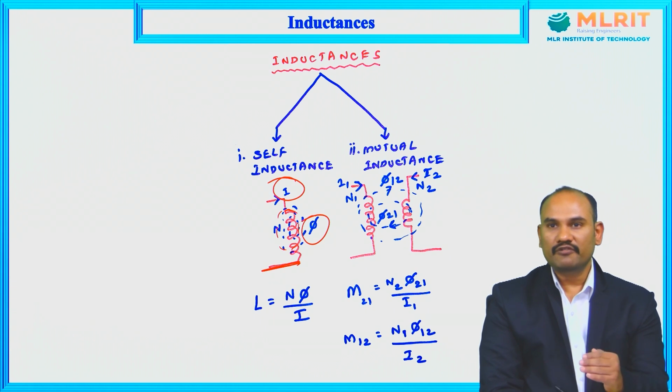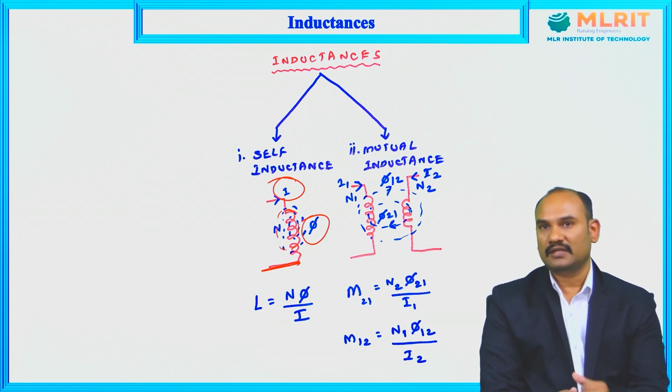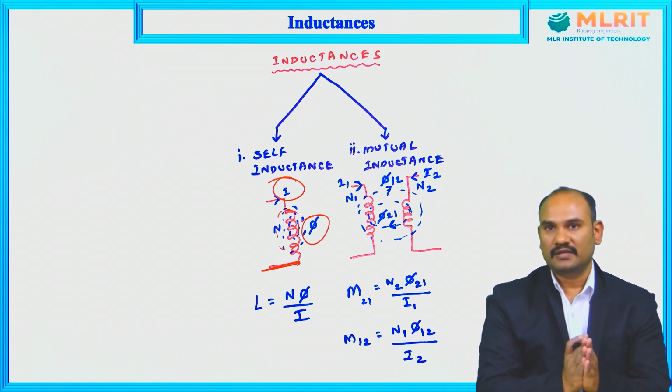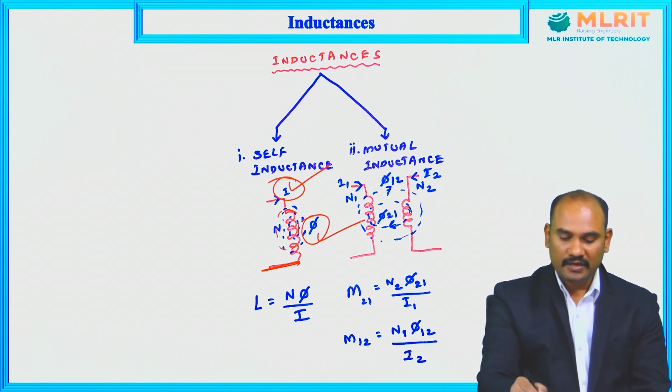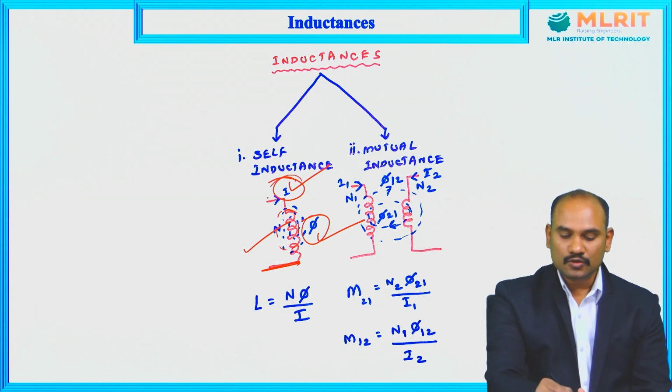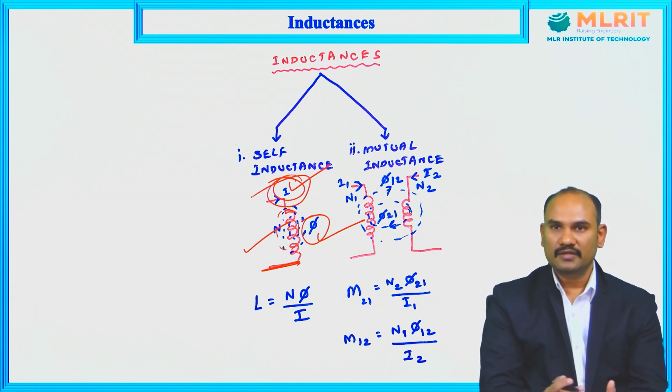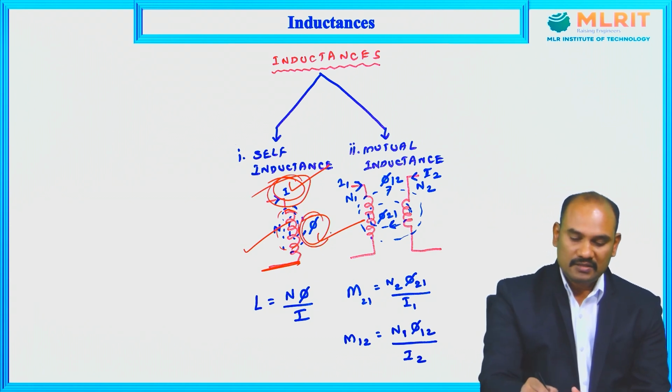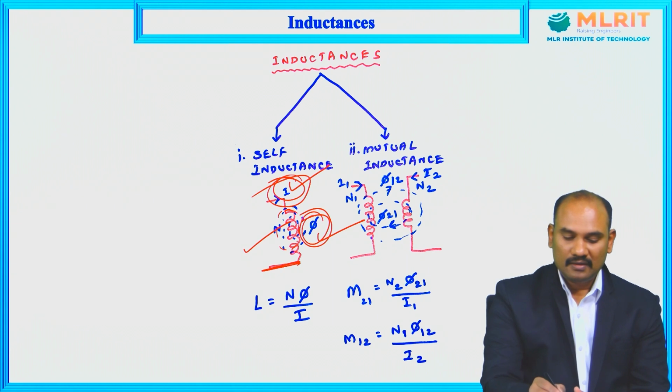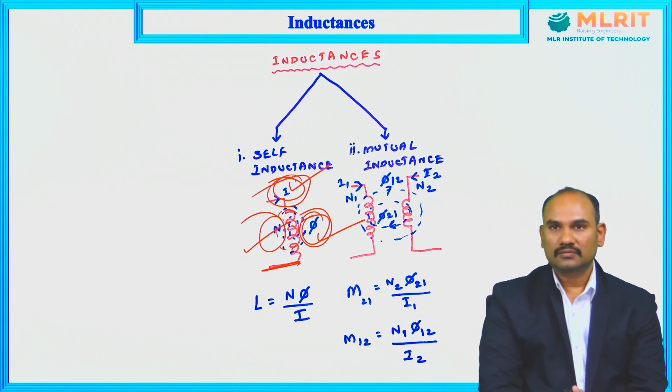And the amount of magnetic flux that is linking to the conductor depends on the number of turns in the conductor, which we say N, capital N. So I think you understand. I, phi, N. I is the source, because if there is no flow of current, there is no magnetic field. If there is magnetic flux phi, then if the number of turns are more, then more amount of flux will be linking to the coil.